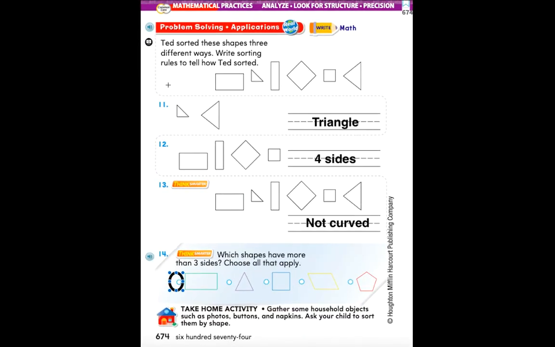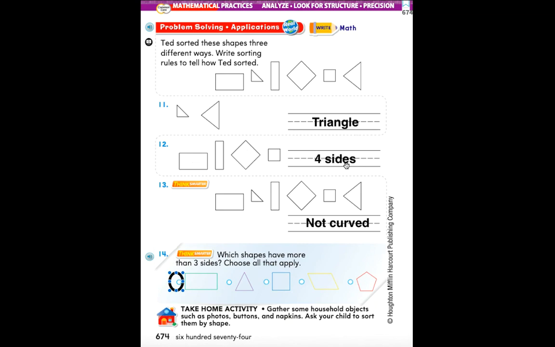Ted sorted these shapes three different ways. Write sorting rules to tell how Ted sorted. So these are the shapes, and he sorted them in three different ways. As you can see, he sorted the small and the big triangle. So, triangle. Question number 12, he sorted these shapes. Some are rectangles, some are squares.